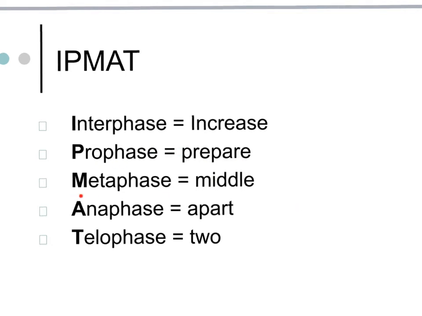In metaphase, things are moving to the middle. In anaphase, they're pulling apart to two sides, and in telophase, we end up with two nuclei. And I'll get into more detail, but prepare, middle, apart, two, or PMAT.